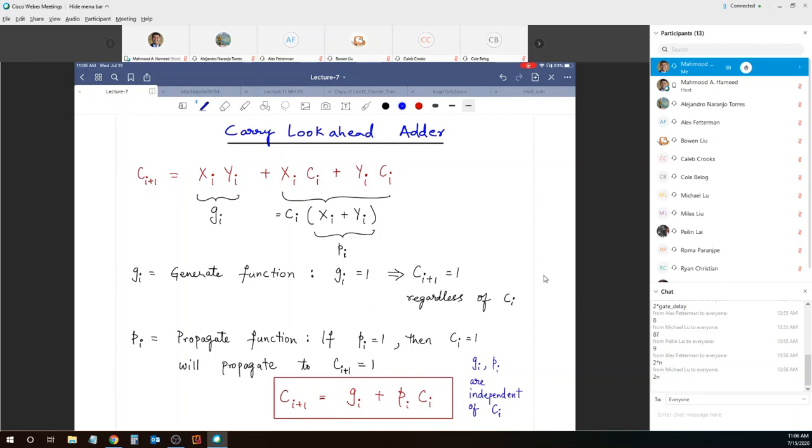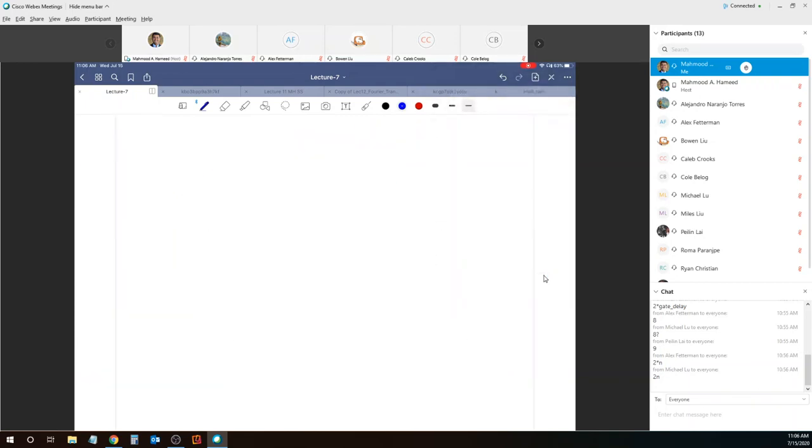So what can I do with this expression? I can play a little algebraic trick with it. If c sub i plus 1 is g sub i or p sub i, c sub i, can you guys think about writing an expression for c sub i? All you have to do is subtract 1 from the bit index.